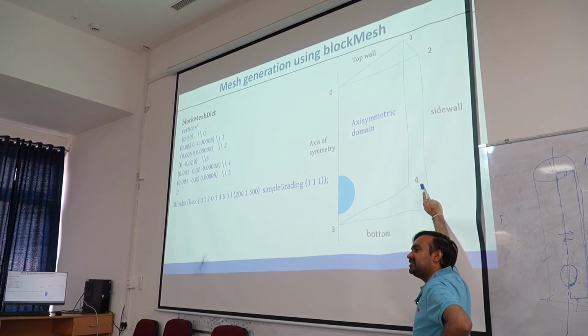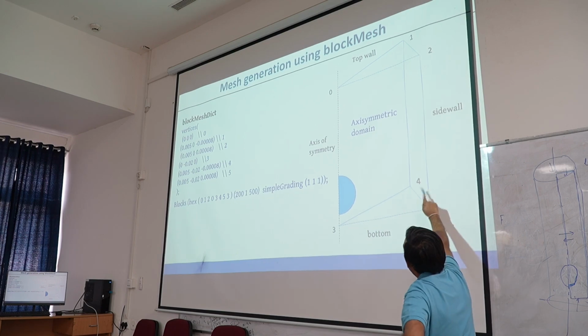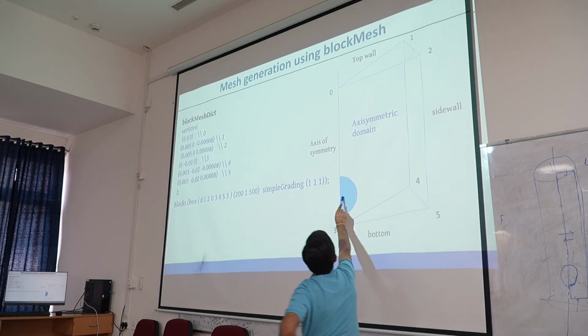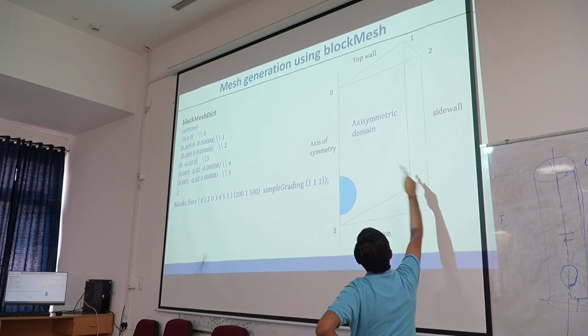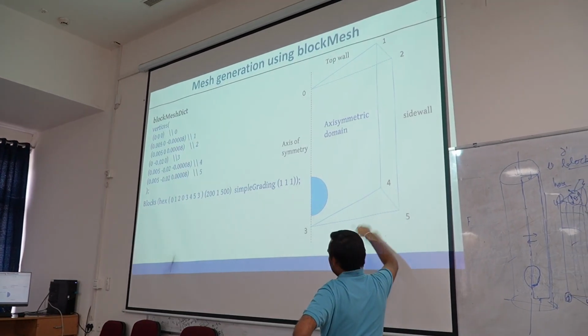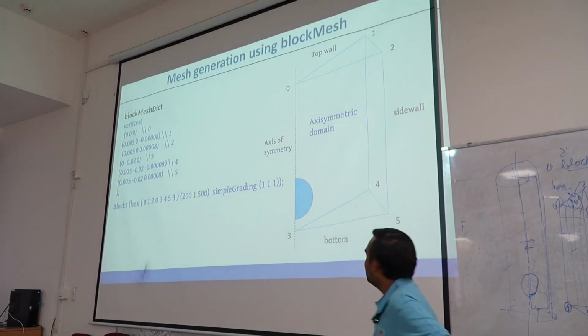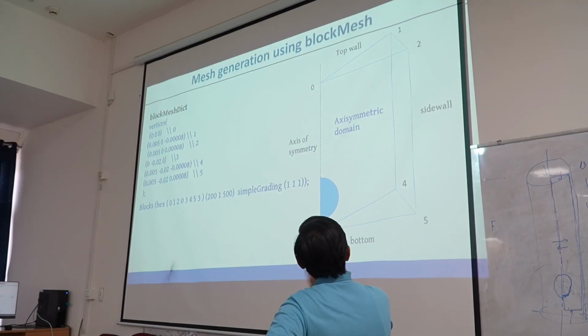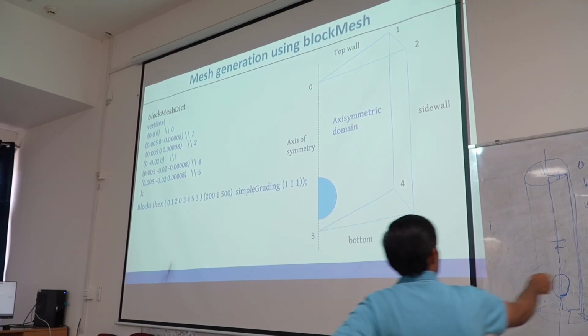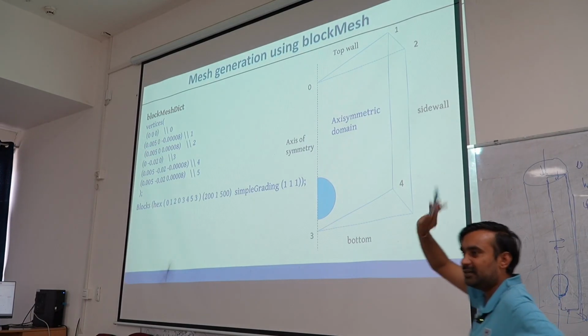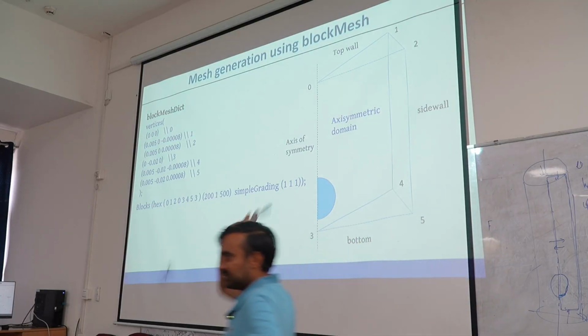It's a wedge-like structure, and in this wedge, this is the axis of symmetry, this is the side wall, this is the top wall, and this is the bottom wall. I need to specify how many vertices are needed to define a wedge. Already I told you, 6 vertices.